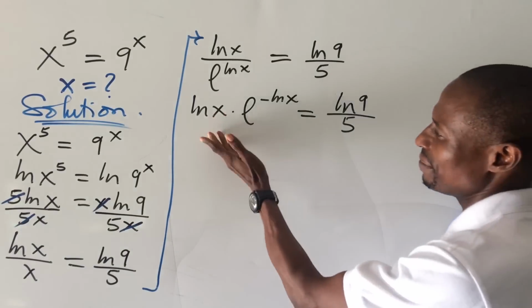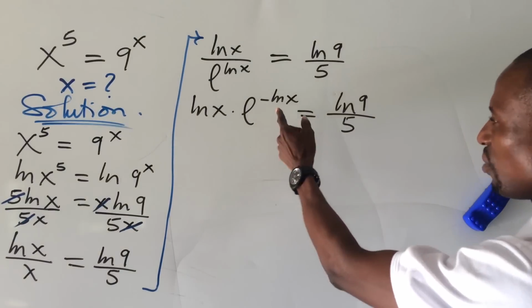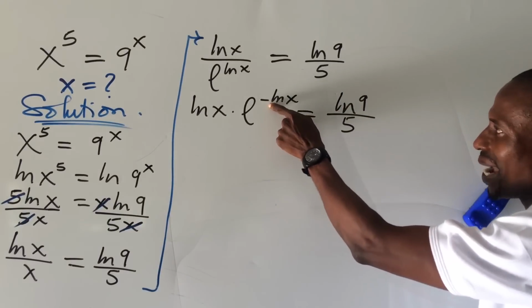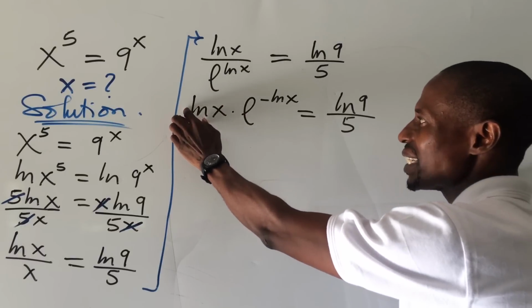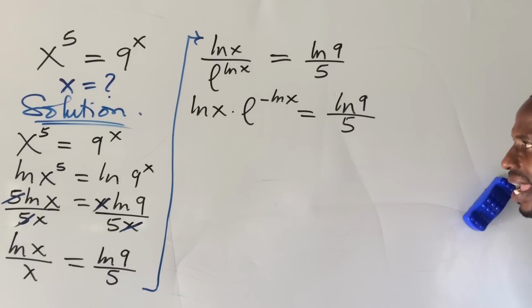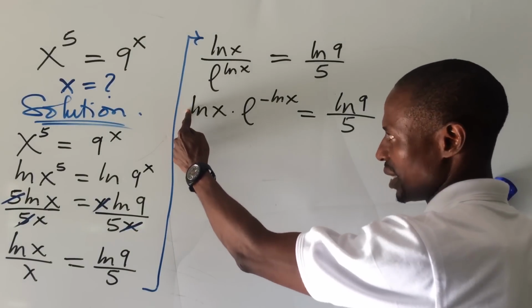If you look at this carefully, you discover we're having ln of x here, and we're also having ln of x here. But the difference is that here we are having a minus sign, and here we are having a positive sign. For us to be able to make use of the Lambert W function, we have to introduce a minus sign to this side.